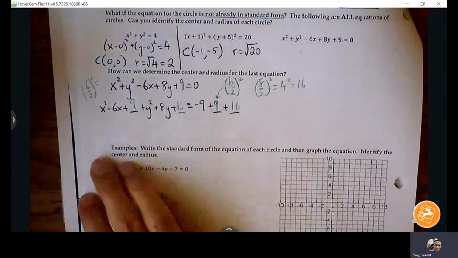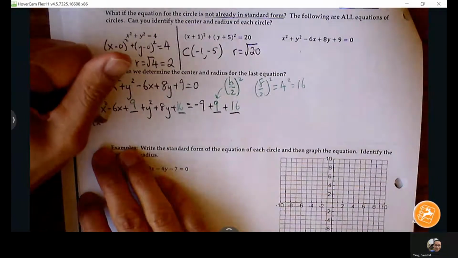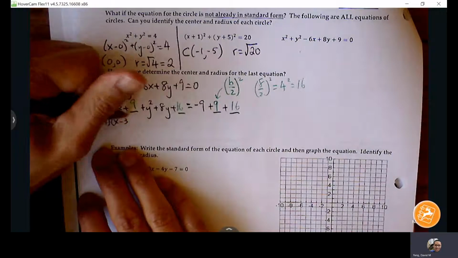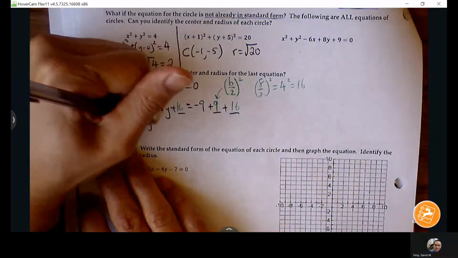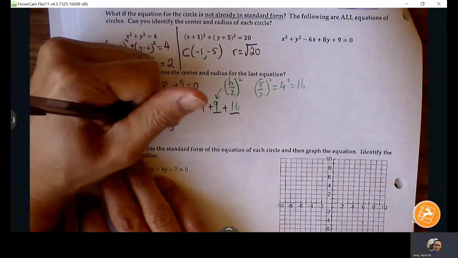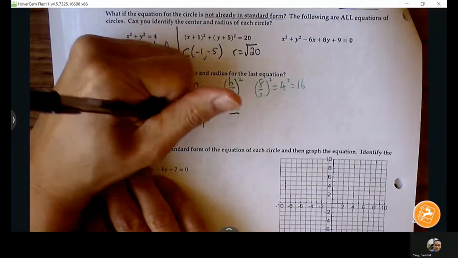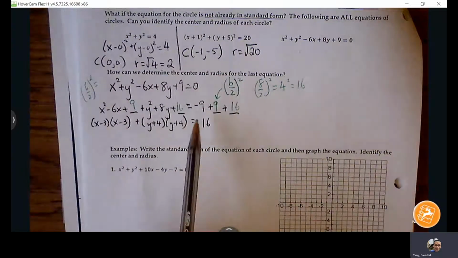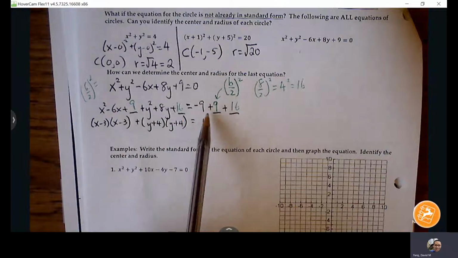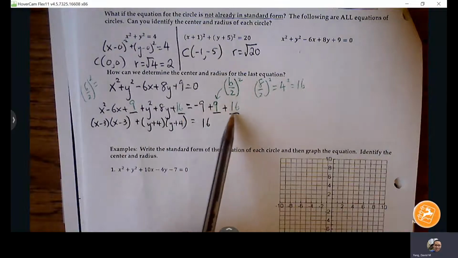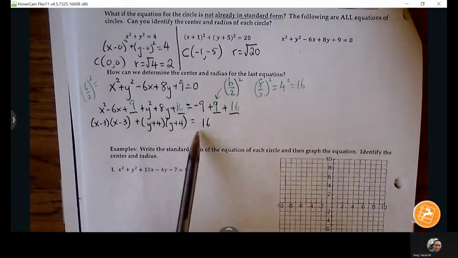Factor the x's, factor the y's. Add all the constants together on the right side. Negative 9 plus 9 is 0. 0 plus 16 is 16.